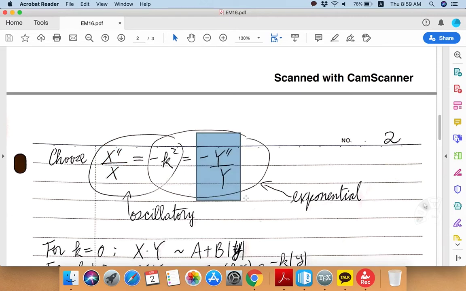Okay, so that's the physically motivated and physically reasonable choice of the sign of this constant.